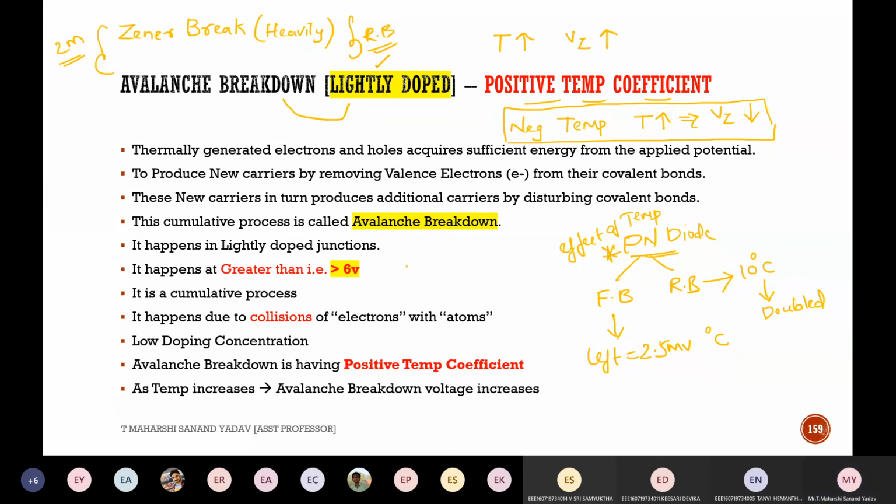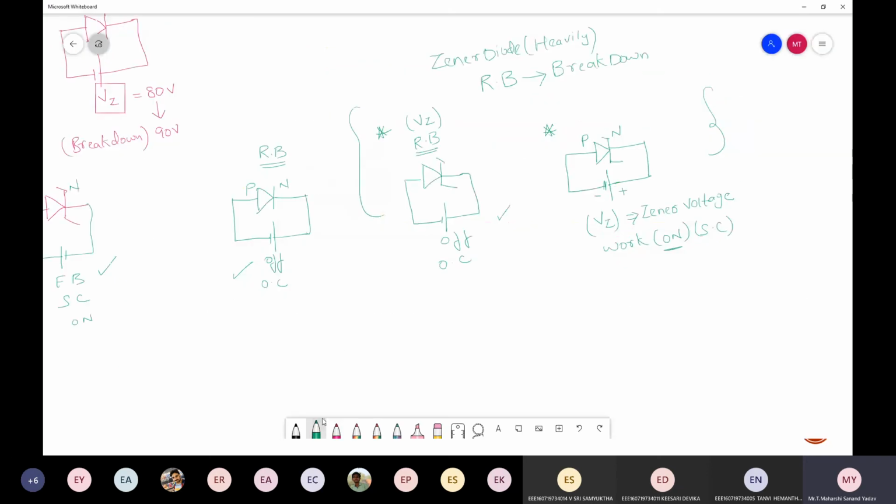So simply, if I try to increase the temperature, suppose there is one electron, this one electron goes and collides with an atom and removes one more electron. So it becomes two. These two electrons collide with atoms and remove another two. So it is cumulative in nature. One becomes two, two becomes four, four becomes eight.